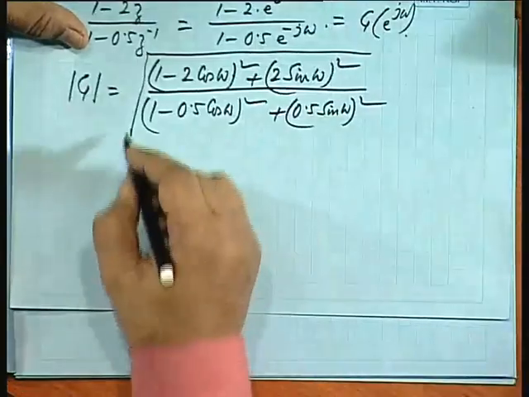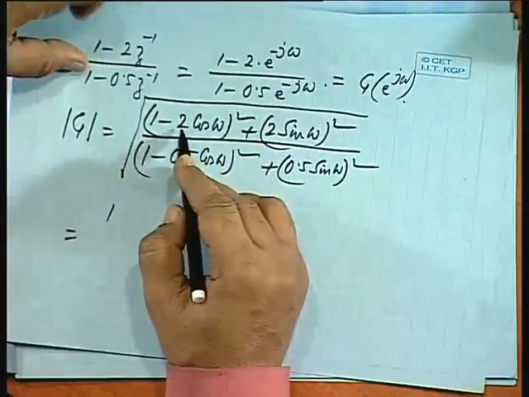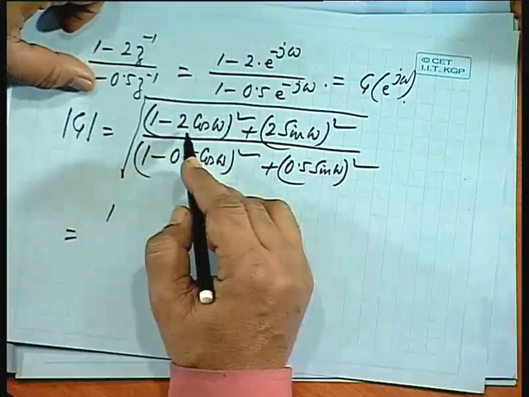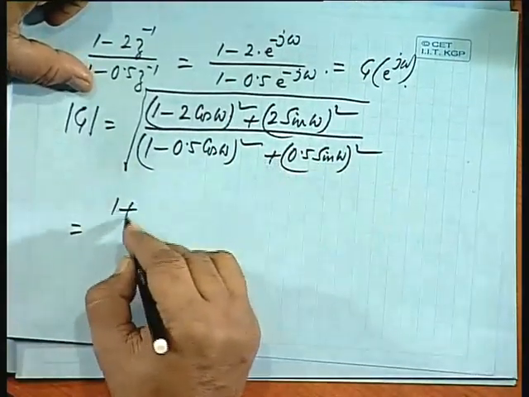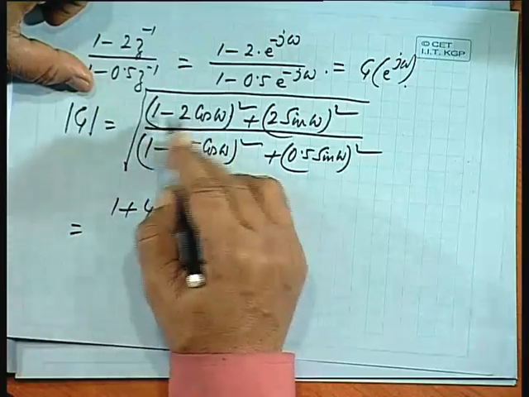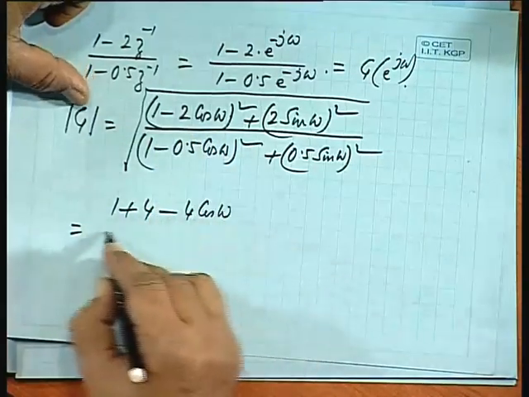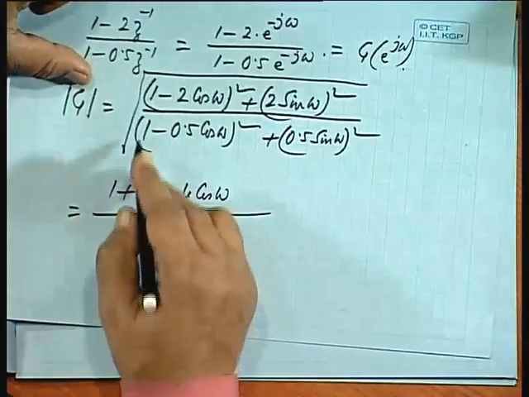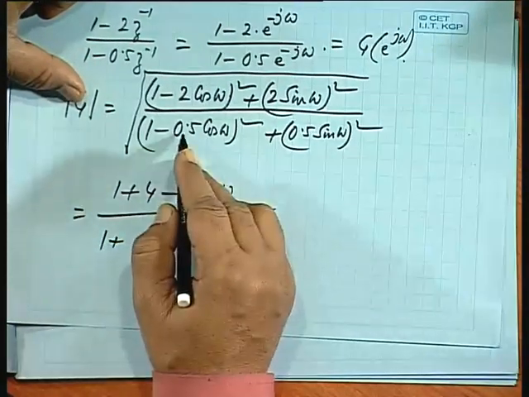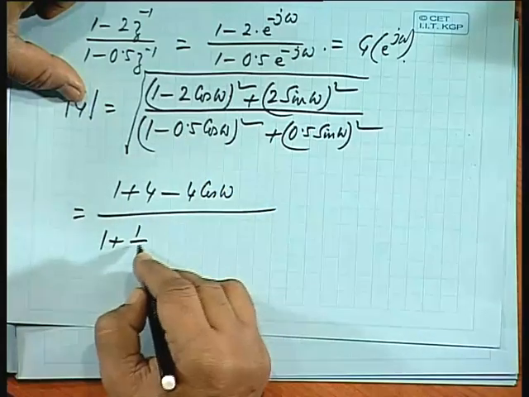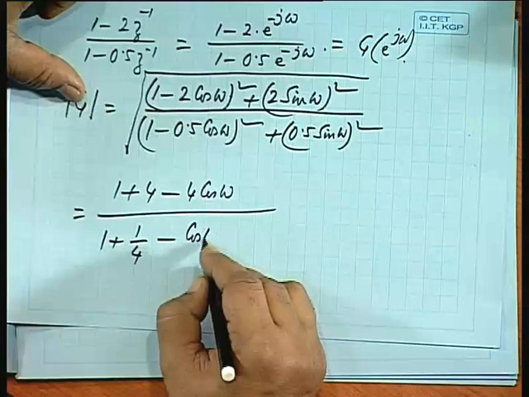Simplify, let us see. This is 1, twice cosine omega squared, that is 4 cos squared omega, 4 sin squared omega will give me 4, minus twice AB, so 2 into 2, 4 cosine omega. And here I get 1 plus 0.5 squared, that is 1 by 4, minus 2 into 0.5 into cosine omega.